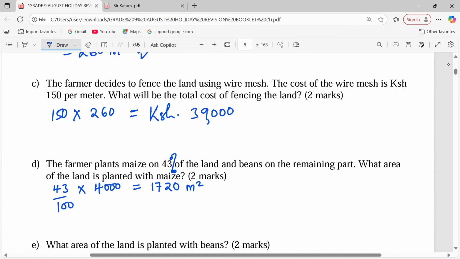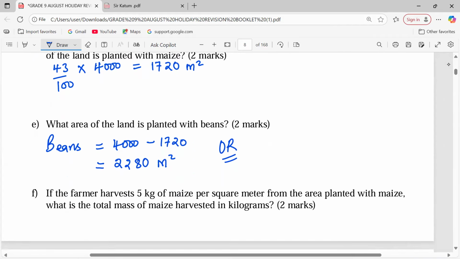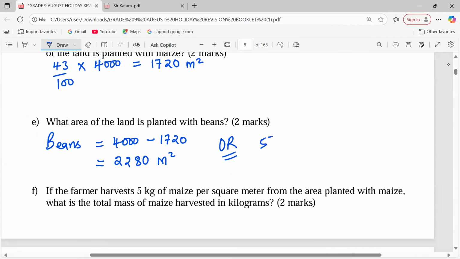Once we've used 43%, 57% has remained. So 57% of 4,000, we get exactly the same. So we can apply this alternative and we will get the same answer.